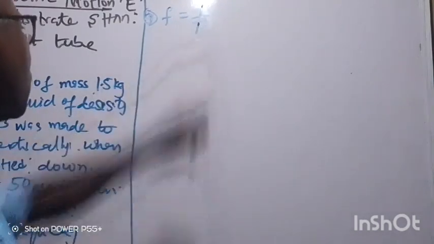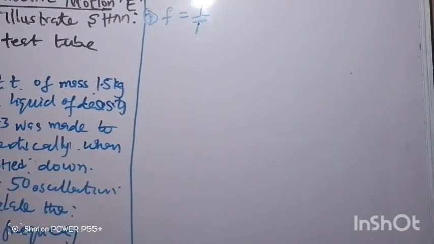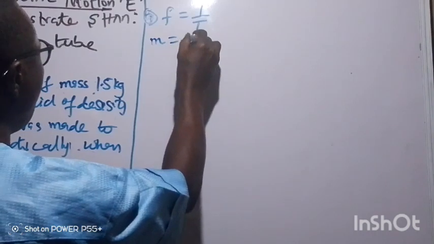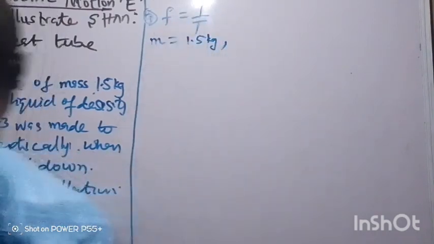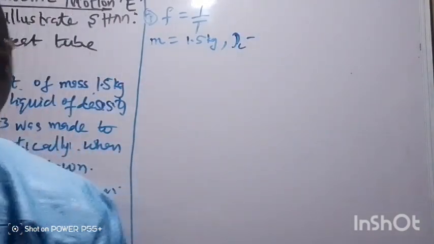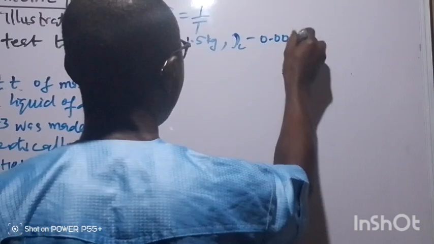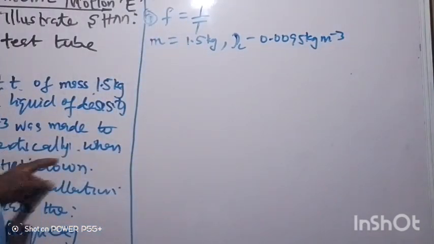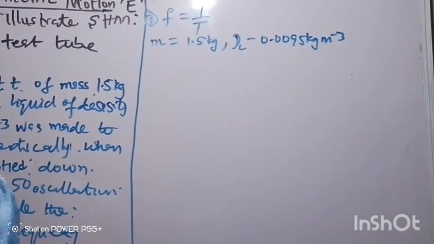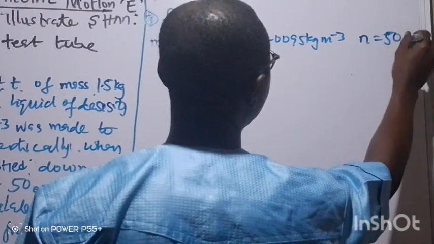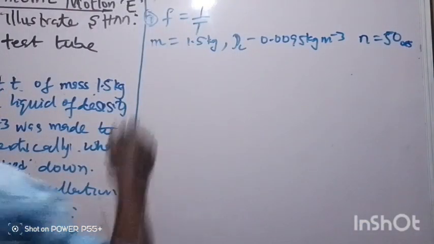Mind you, from the question, period is not given, but from the parameters given, mass is equal to 1.5 kg, then density of the liquid is equal to 0.0095 kilogram per meter cube. Then number of oscillations N is equal to 50, and the time for 50 oscillations, small t, is given as 35 seconds.